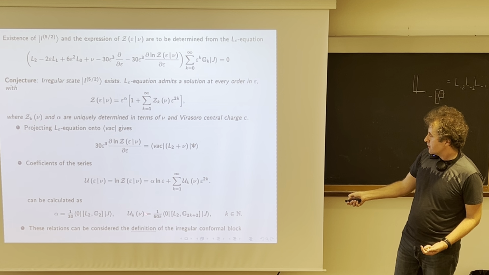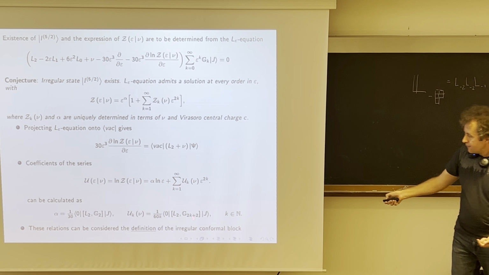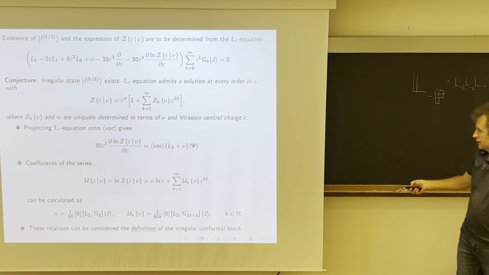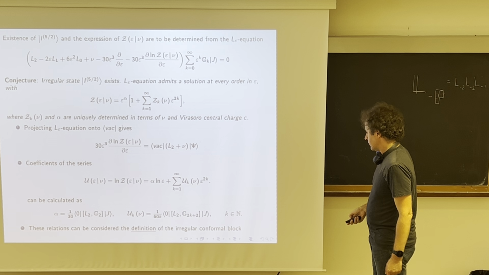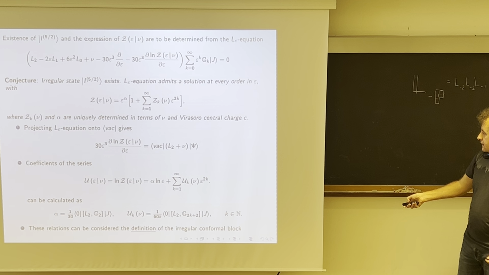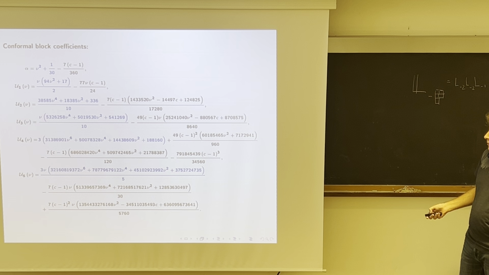So the expansion coefficients of the conformal block are fixed by this type of Virasoro commutation relation. This is a very easy computation. Right, and you can actually consider this as the definition of the irregular conformal block.